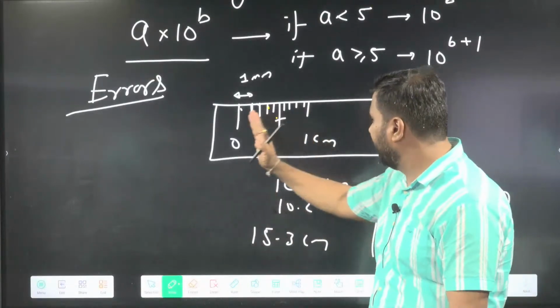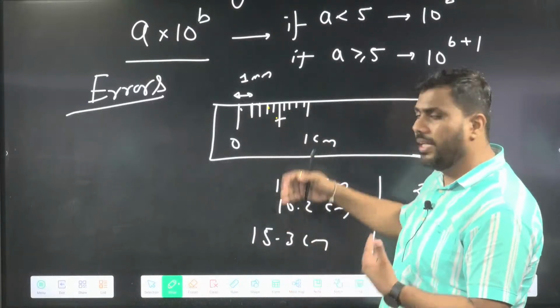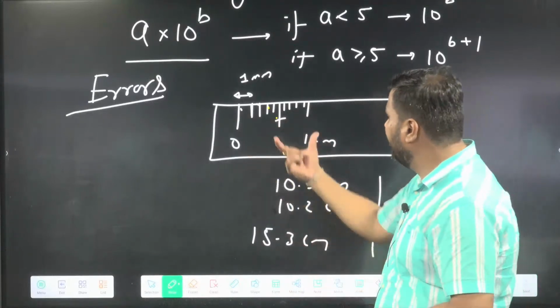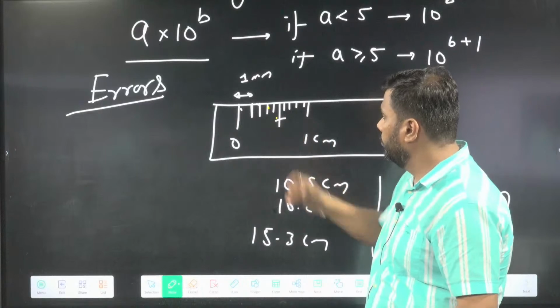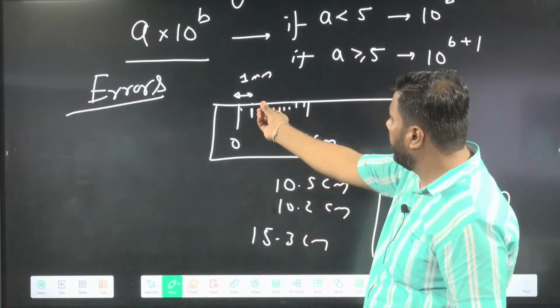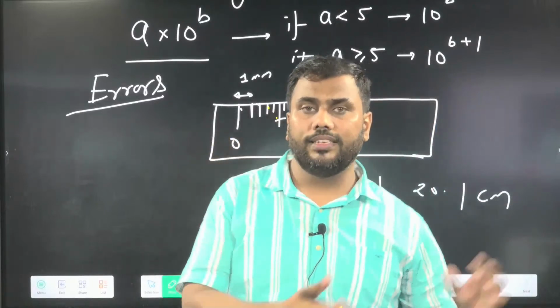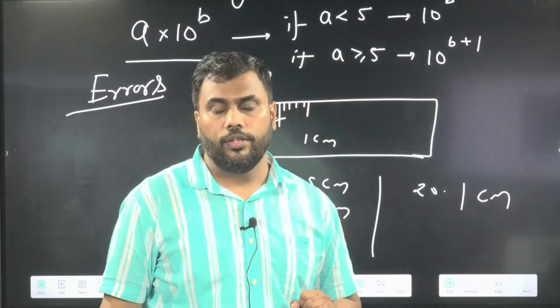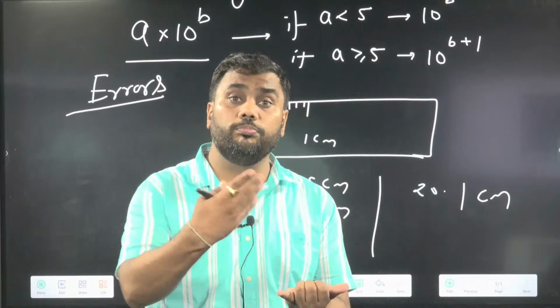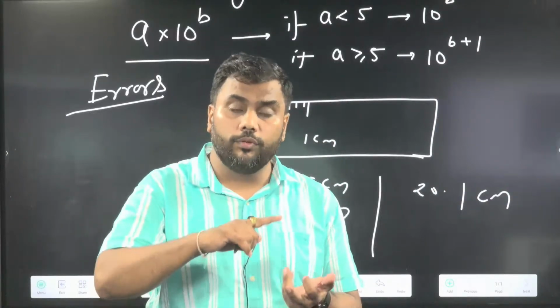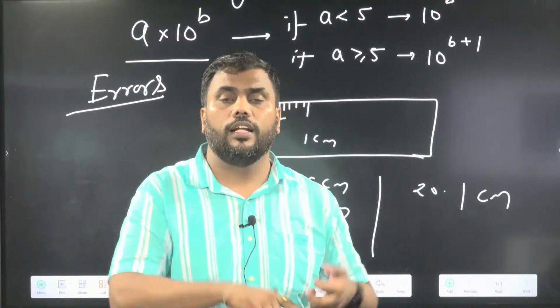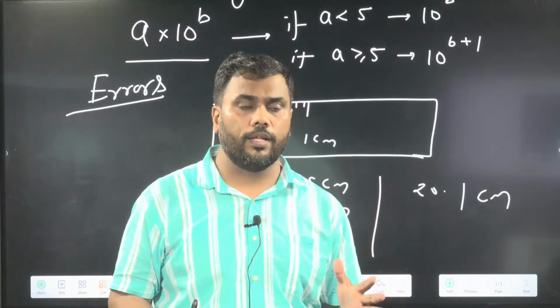This length is not exactly 1 centimeter. So if I say the length of the pen is 0.7 mm, then I'm wrong. My instrument is actually faulty. Sometimes error is due to a faulty instrument. Sometimes you are measuring incorrectly. There are a lot of reasons for error.